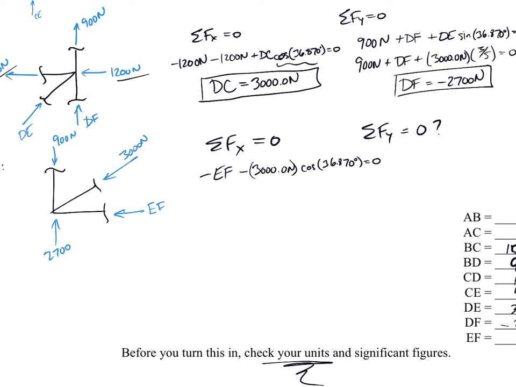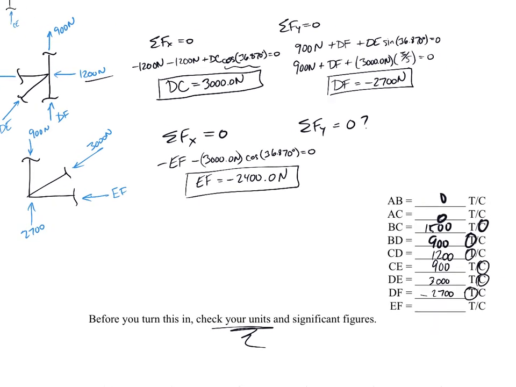So 0.8 times 3,000 is 2,400. So EF equals negative 2,400 newtons. I typically go with 5 sig figs. Okay, so EF is in tension.